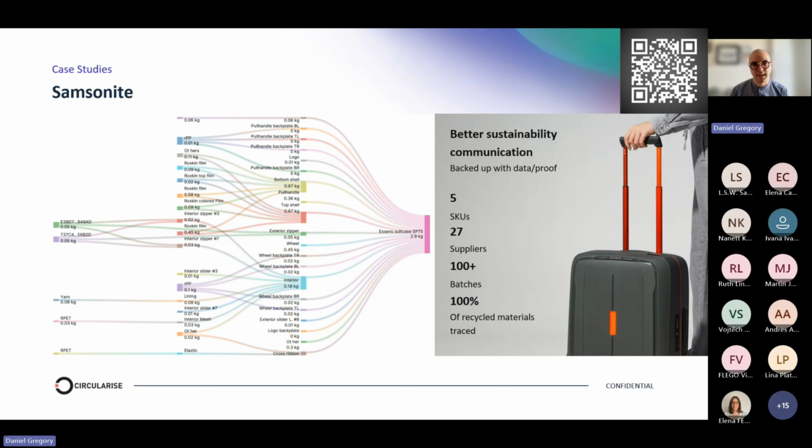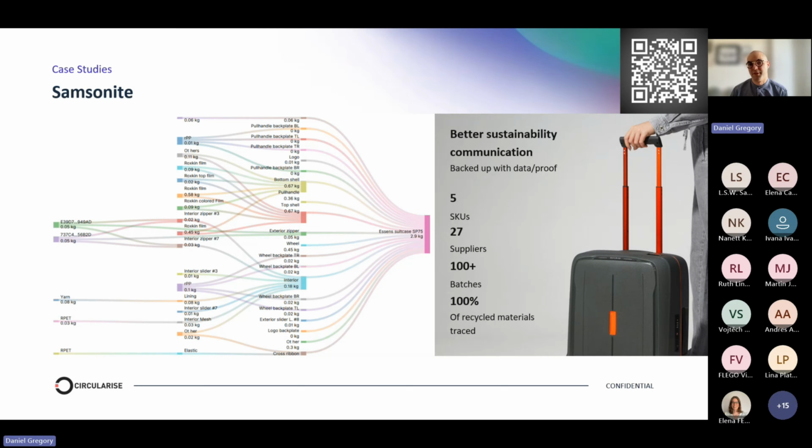And Circularise was able to trace all the way back through the supply chain, starting from the final product, the suitcase, going back into the components like the wheels or the handle or the case or the lining, and then working with those suppliers to figure out where they got their materials from, and onwards and back, all the way to, in some cases, the place where the used cooking oil came from to make the plastic that made the case.